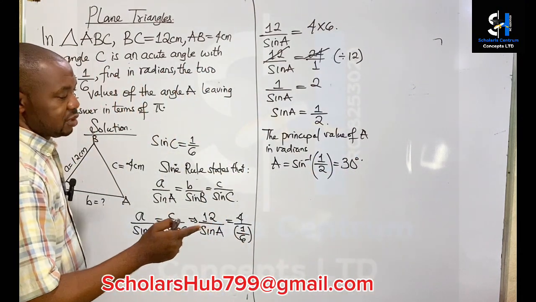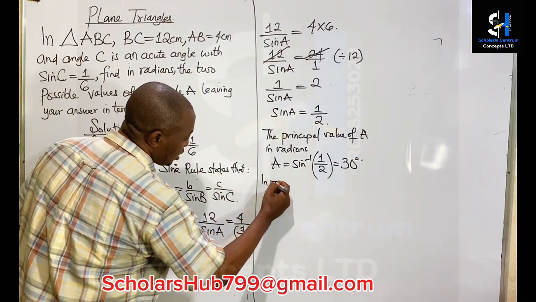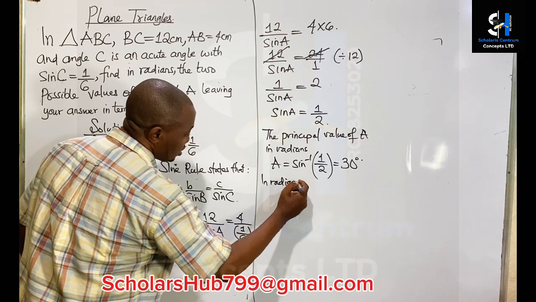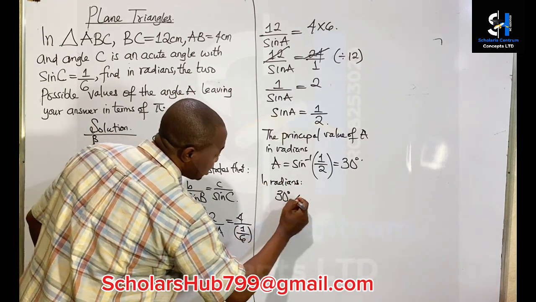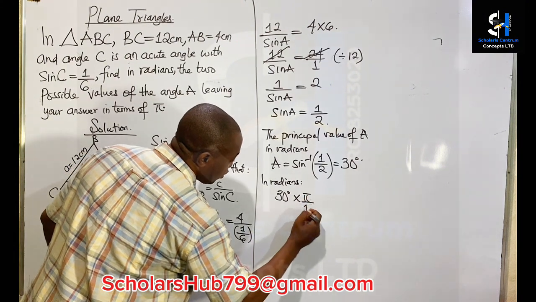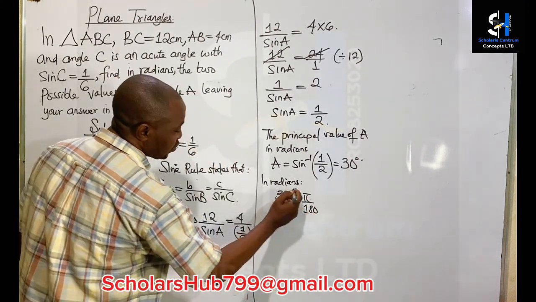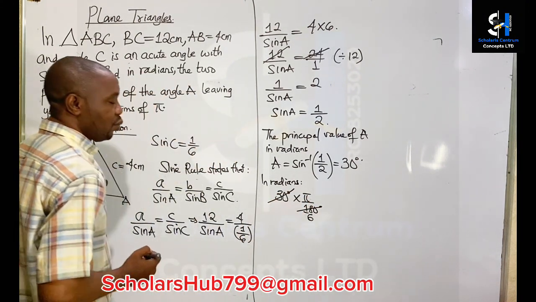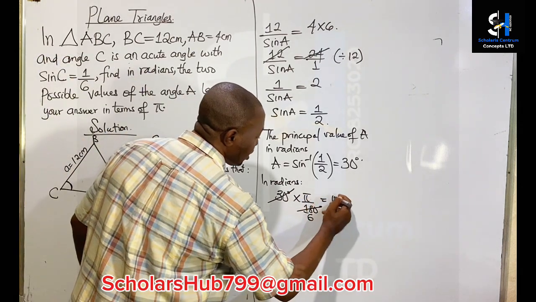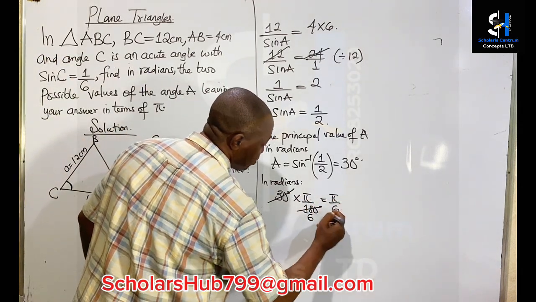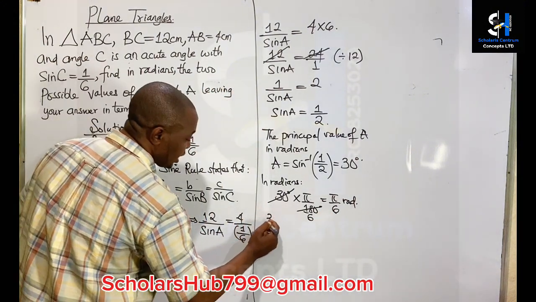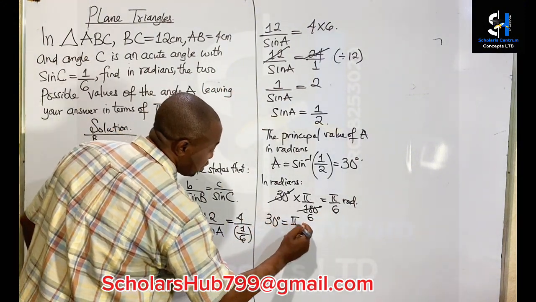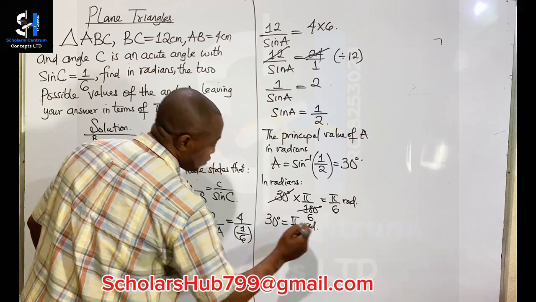This is in degrees. So in radians, this will be 30 degrees multiplied by pi over 180. So 30 out of 180 will be 6. So we have pi over 6 rad, which means 30 degrees is equal to pi over 6 rad.